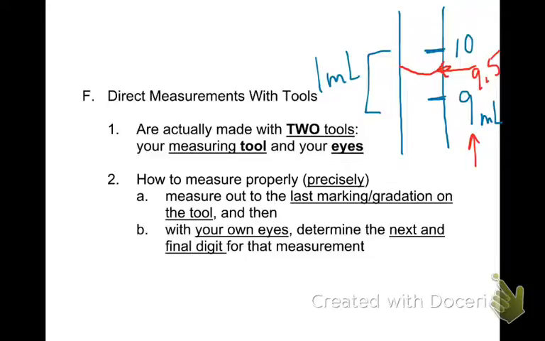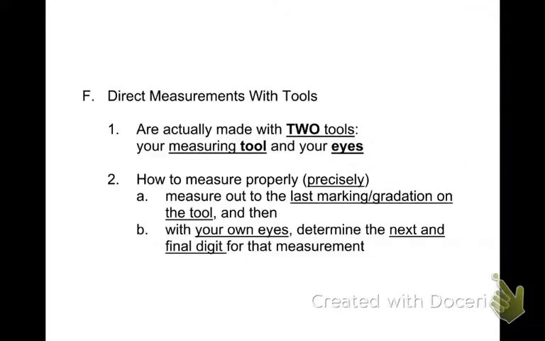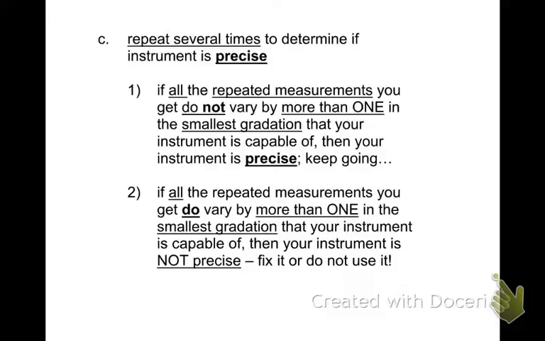And I'm sure you've been doing this for a while. So what we're going to do is repeat this measurement several times to ensure that the instrument we're using is precise. Now, if all the repeated measurements you get do not vary by more than 1 in the smallest gradation that your instrument is capable of, then your instrument is precise.